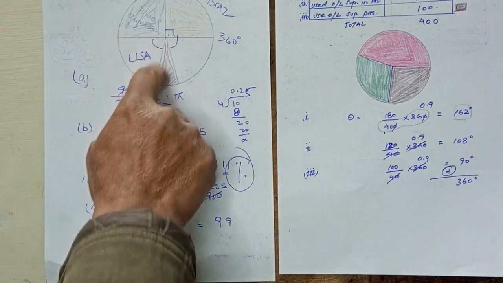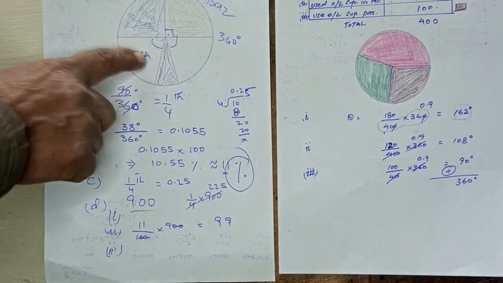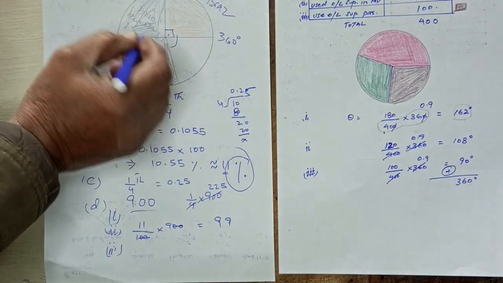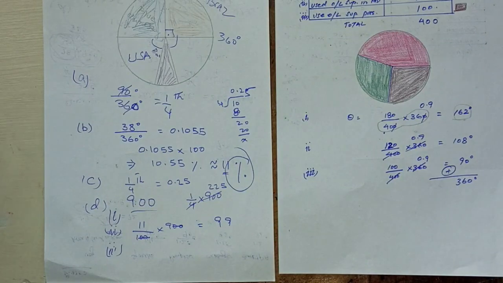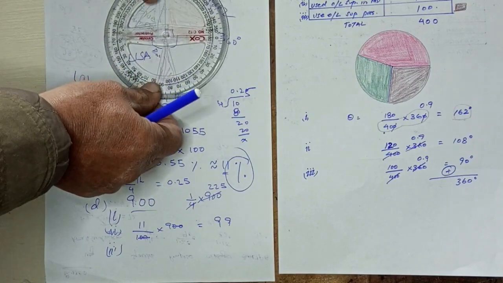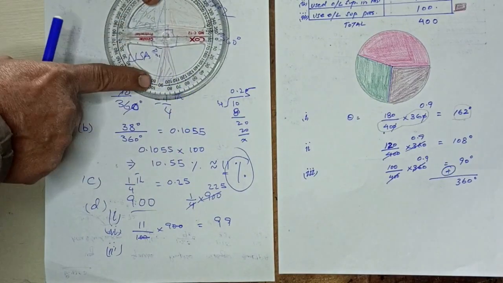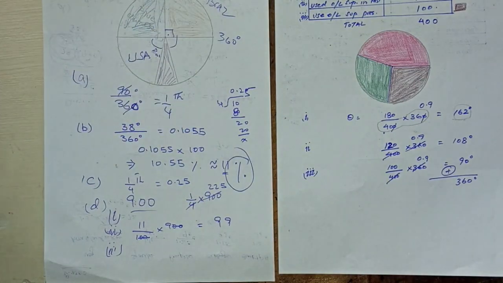Now this area is 38, and this angle is 80 degrees, as I measured it from the book. It is very easy to measure it from the book. Just place your protractor over here, and you see that this has become 80 degrees.